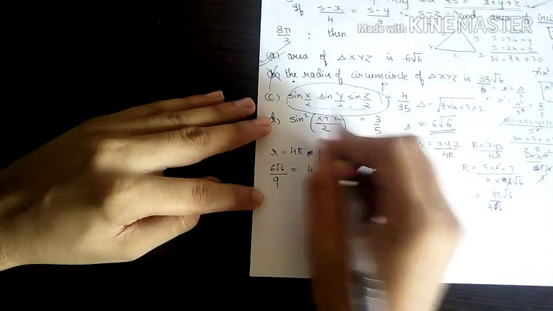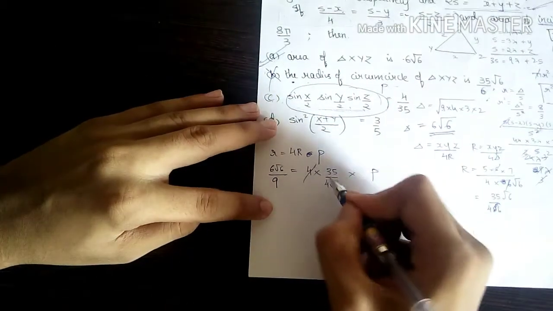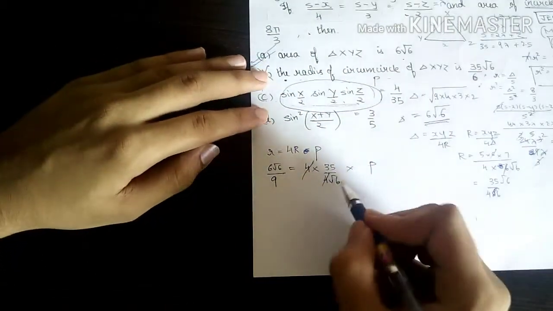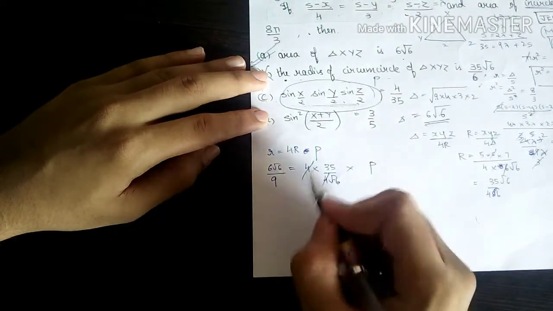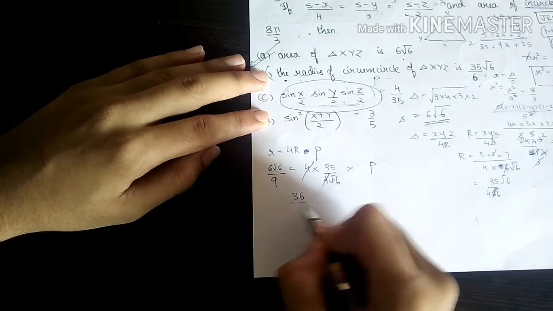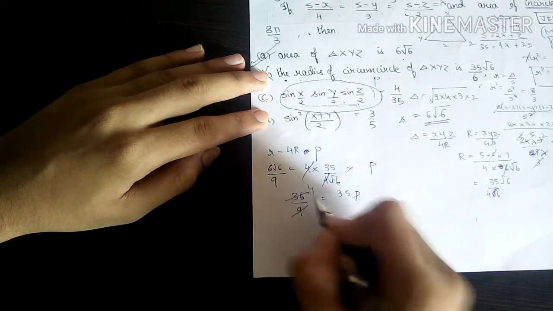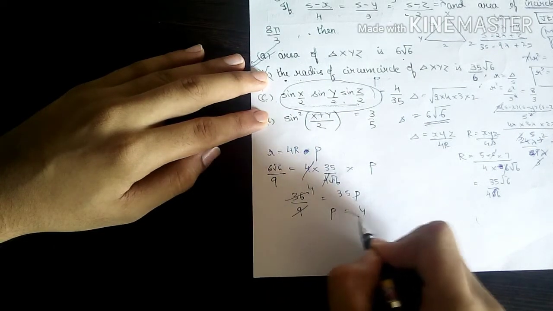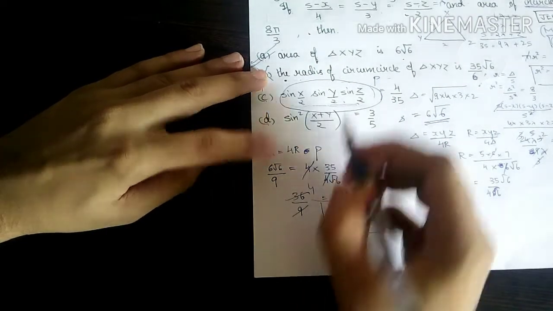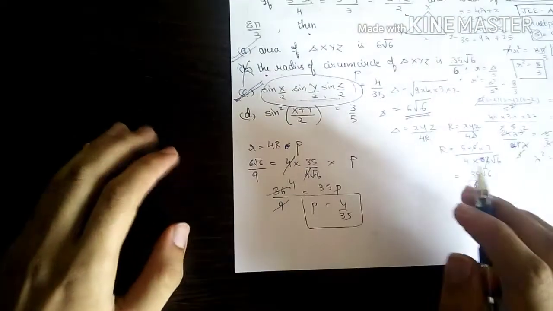P is what is required for us. So 4 and 4 get cancelled, and if I multiply this there, that is 6 into 6, 36 divided by 9 is equal to 35p. So p is equal to 4 divided by 35, which is absolutely correct. So option C is also perfectly correct.